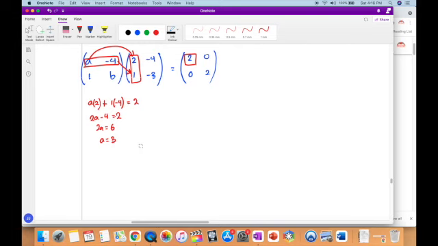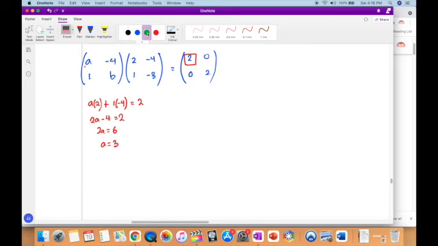So we saw A is 3. Now for B, let me just erase. For B, if I take this and multiply it by this, I would get this.